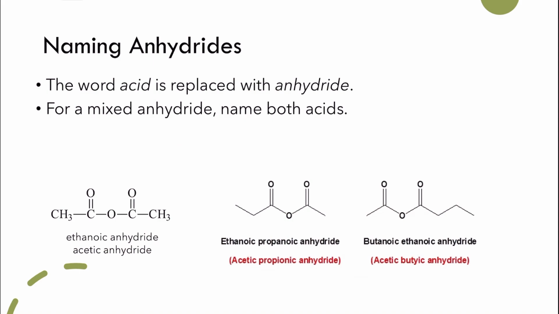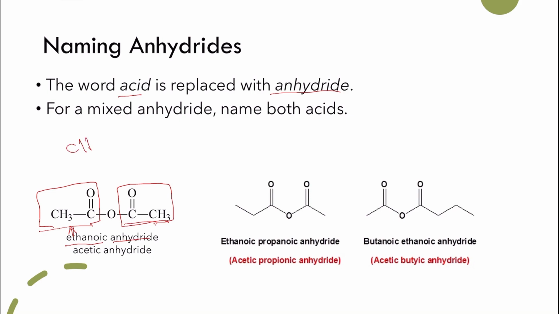How would we name an anhydride? In anhydrides, we replace the word acid with the word anhydride. But we usually do this if both acids are identical. Here, the two acids are identical, so both are ethanoic acid. So we can call this ethanoic anhydride straight away, or by the common name, acetic anhydride, because this comes from acetic acid.